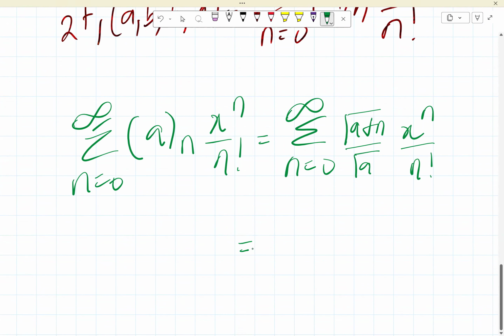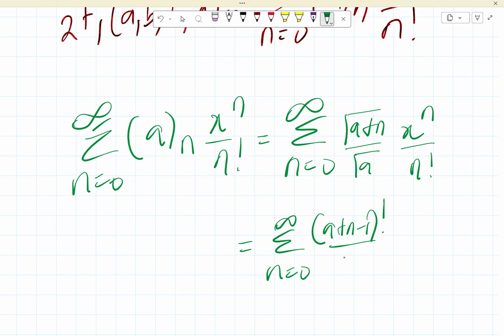So that means we have the summation from n equals 0 to infinity, and here that will be (a plus n minus 1) factorial up here all over (a minus 1) factorial. Then we have x raised to n all over n factorial. So we have to move smartly here. 1 minus x. Okay, so what exactly can we do here?